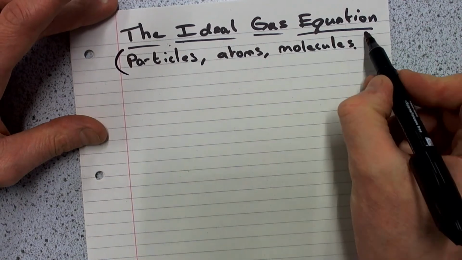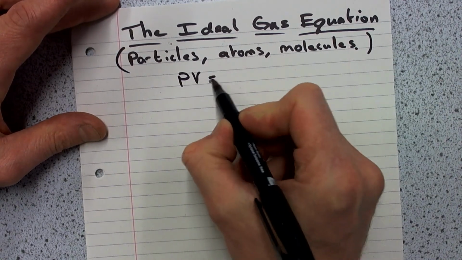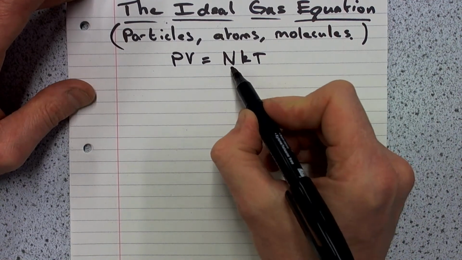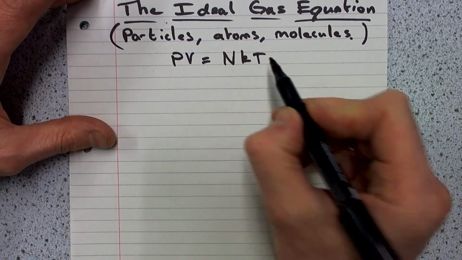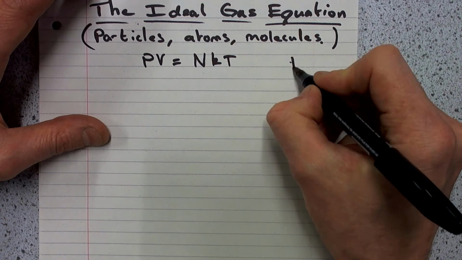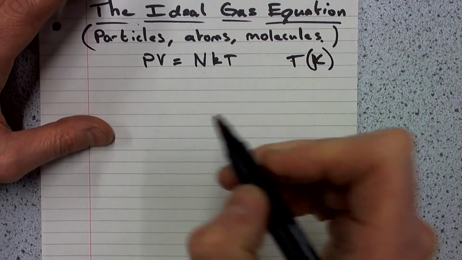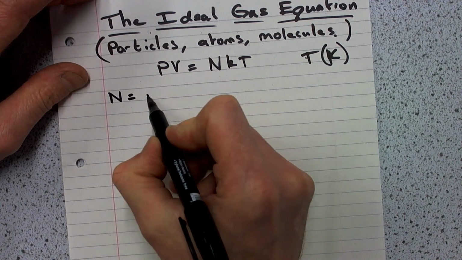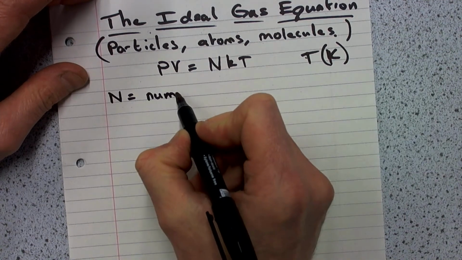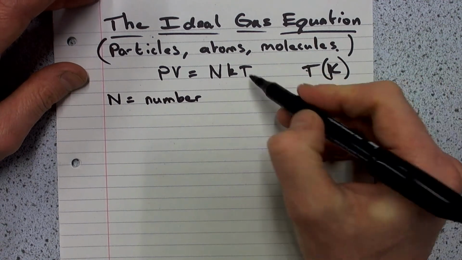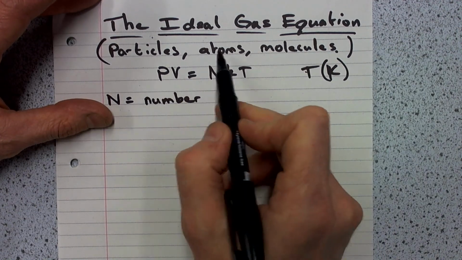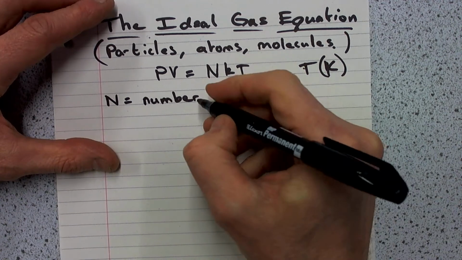And so the formula is PV equals capital N kT. So capital N, lowercase k and T. T, as always, is in Kelvin. Don't forget that. What do these mean? N equals number of molecules or number of particles. I'm probably going to just use the term molecules, but remember, it could be either molecules or atoms.